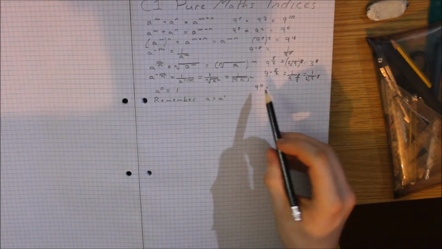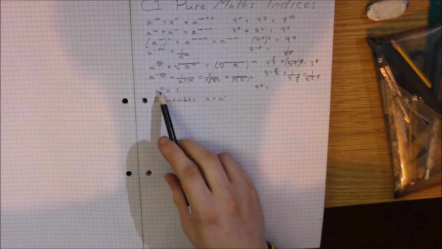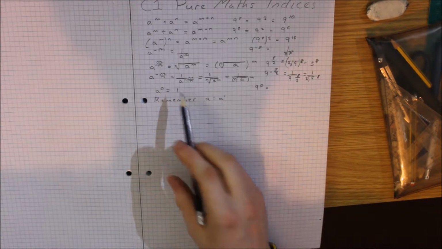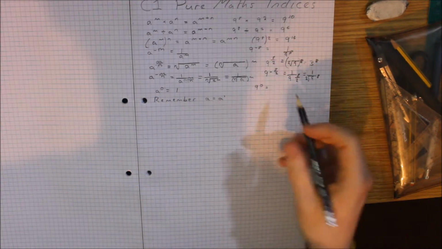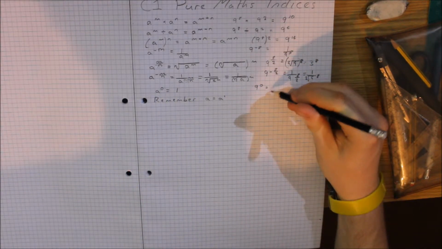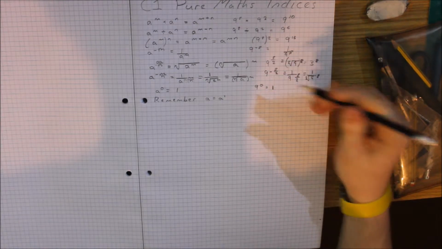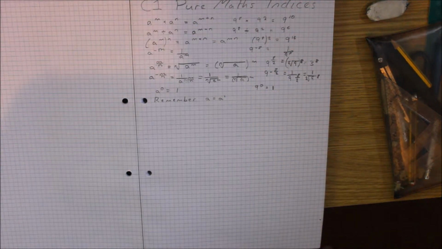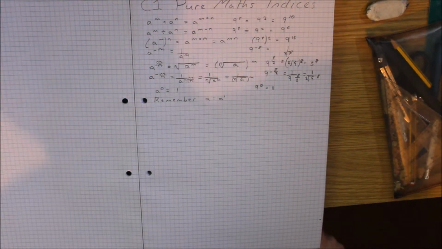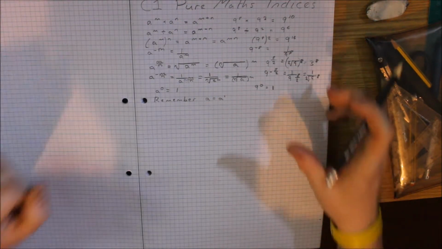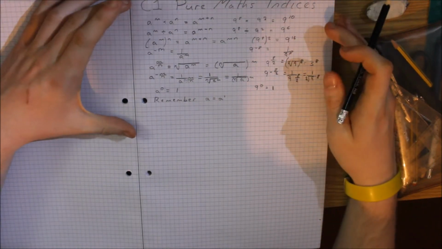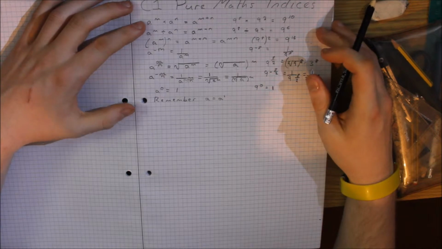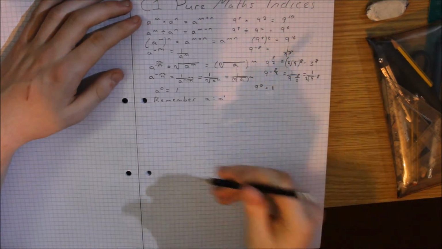Okay, and the final rule is a to the power of 0 is always equal to 1. So 9 to the power of 0 would be equal to 1, and that happens with every single figure. An important thing to remember when doing these is that a is a constant, and here I've used 9.